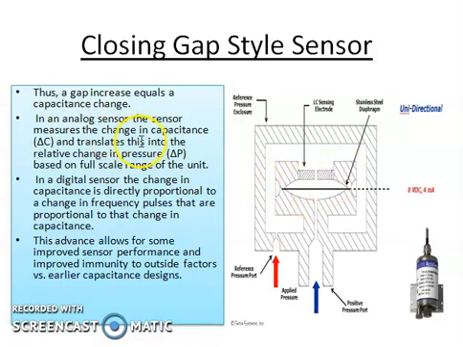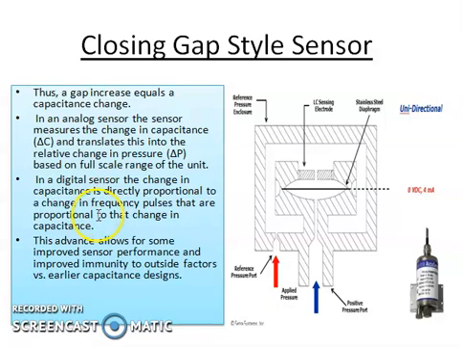In an analog sensor, the sensor measures the change in capacitance and translates it into a relative change in pressure based on the full scale range of the unit. But in the case of a digital sensor, the change in capacitance is directly proportional to a change in frequency pulse.